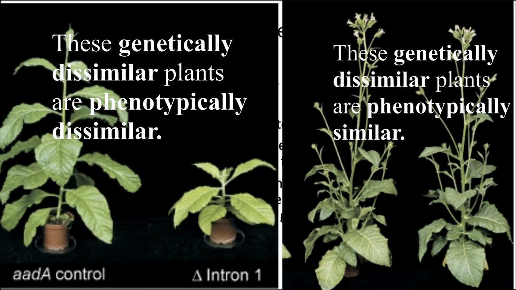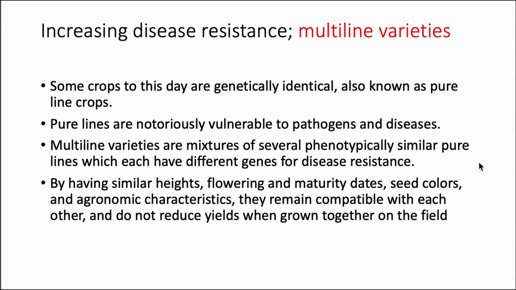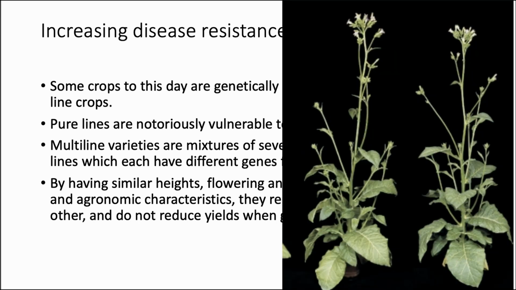A phenotypic characteristic of a tall plant is that it's tall, right? So he actually bred different multi-line varieties, individuals of plants that were genetically different but had similar phenotypes, that grew up in similar conditions, that matured at the same time.